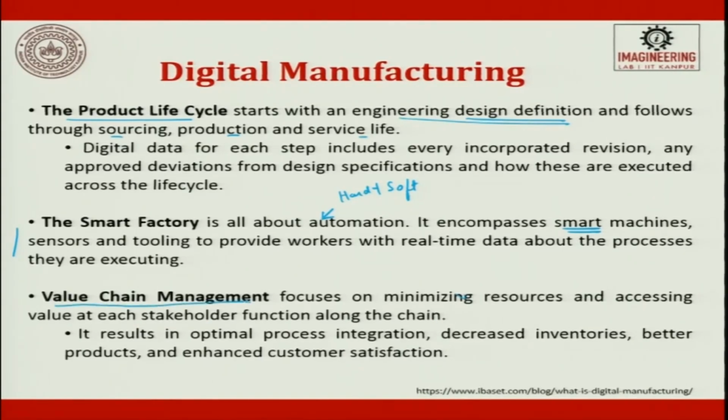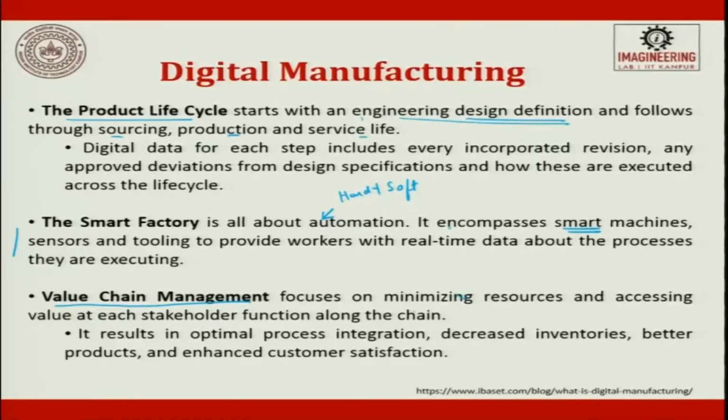Many a times when we do an operation converting a product or a raw material into a next stage of finishing, we have to be very clear what value is getting added to the product in terms of customer satisfaction and what money you get for it. So, we have to be very focused. So, value chain management focuses on minimizing resources.